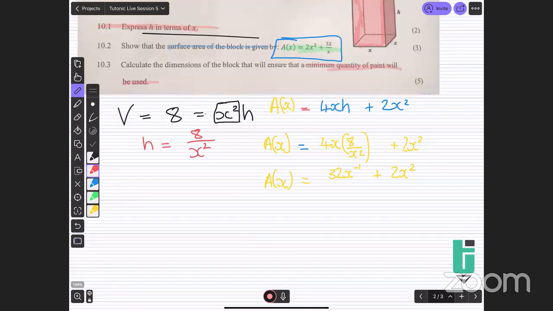Okay. So who wants to do the derivative for me? Nafisa, can you do the derivative for me? Negative 32x to the power negative 2 and then plus 4x. Okay, but before that, what are you going to write over here? Make it equal to 0.